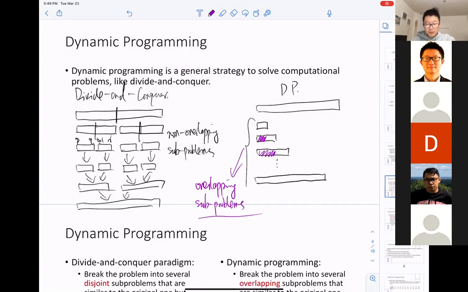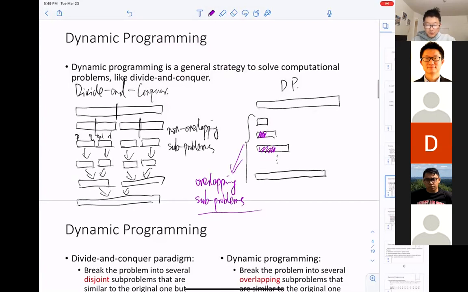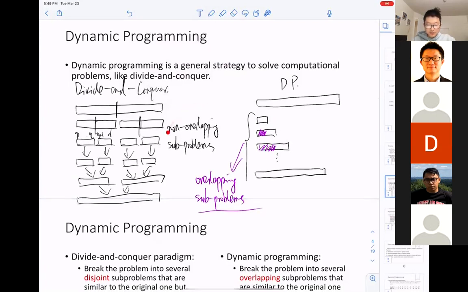So the difference between dynamic programming and divide and conquer is very subtle. The difference is only whether the subproblems overlap or not. If the subproblems overlap, then we need to use dynamic programming.